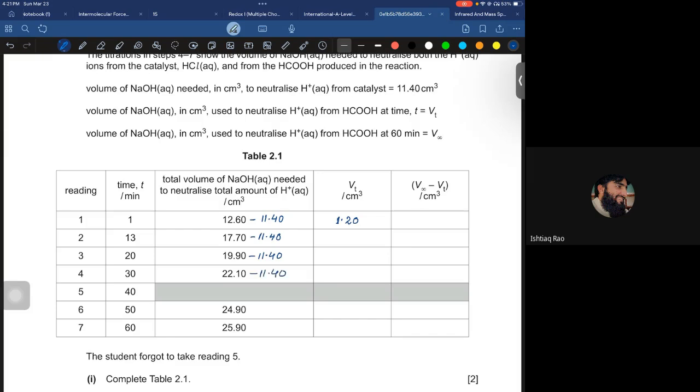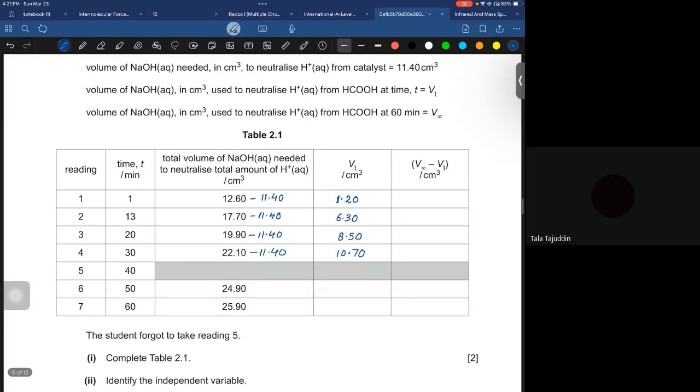This is 6.30, yes. And this is 8.50. This is 10.70. This is 13.50.